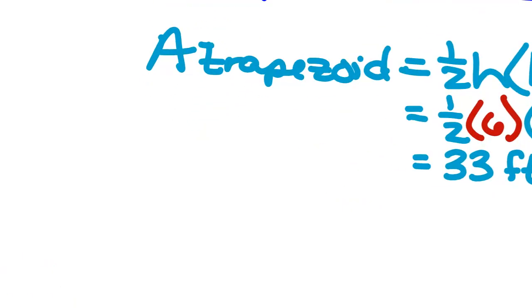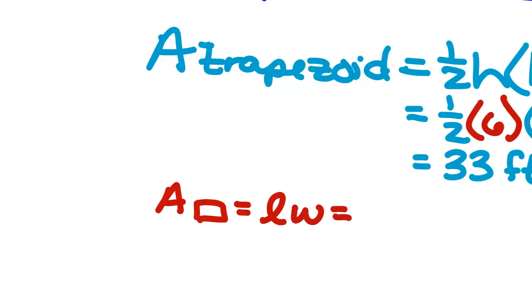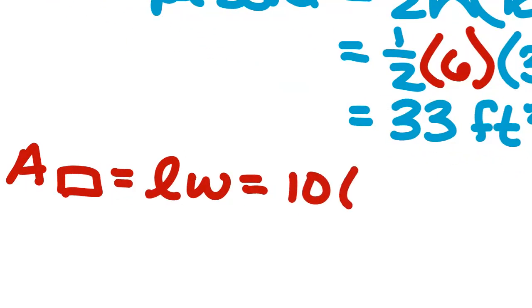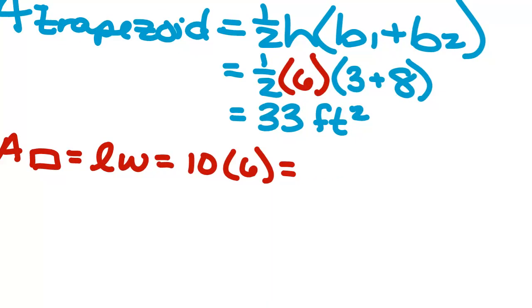All right, and then we need the area of the rectangle. Length times width. What are the length and the width of the rectangle? 10 and 6. 10 times 6 would give us 60. So 60 feet squared.